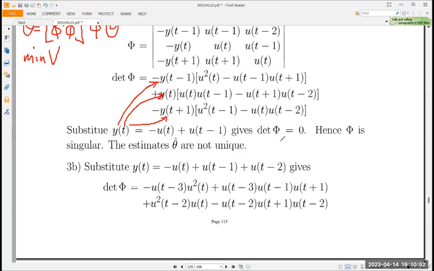But now you have a chance to generate u such that this is not equal to 0, and therefore you can identify theta. In the first case, with the simple controller, you have no chance. Once you substitute inside, everything cancels away, the determinant of phi equals 0, and theta will not be unique.